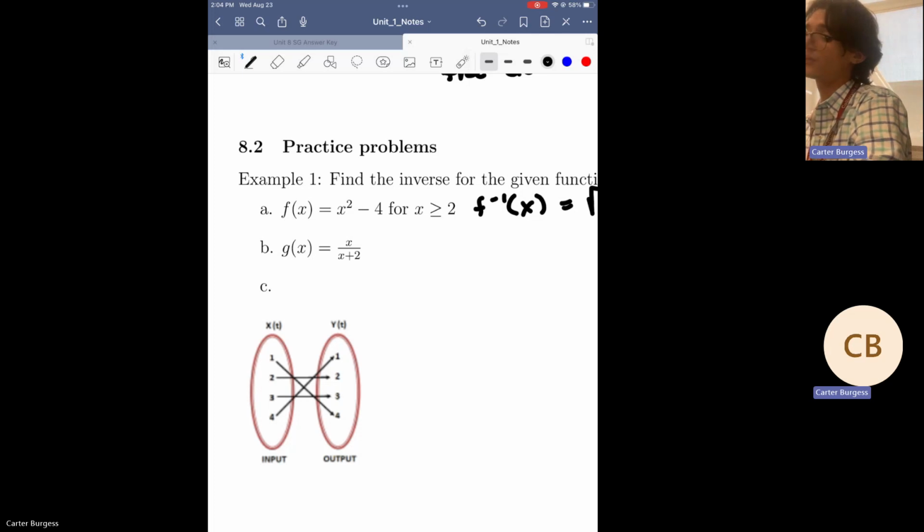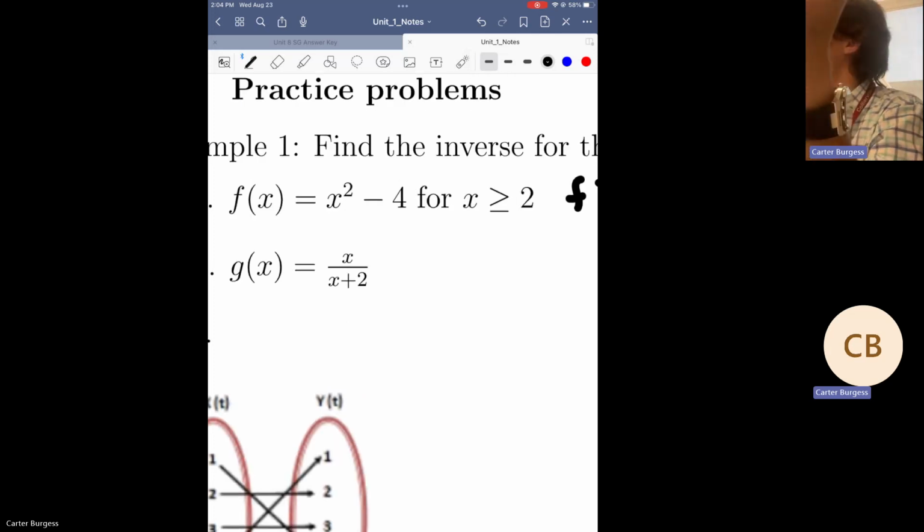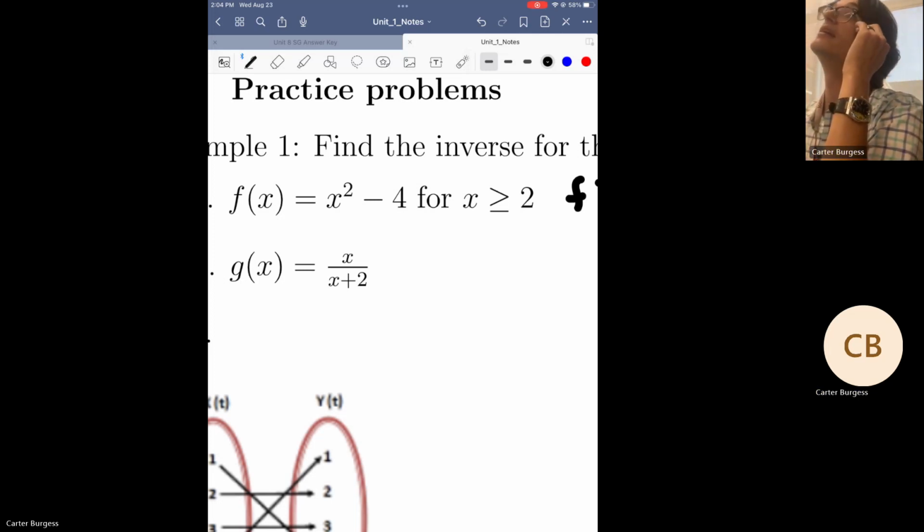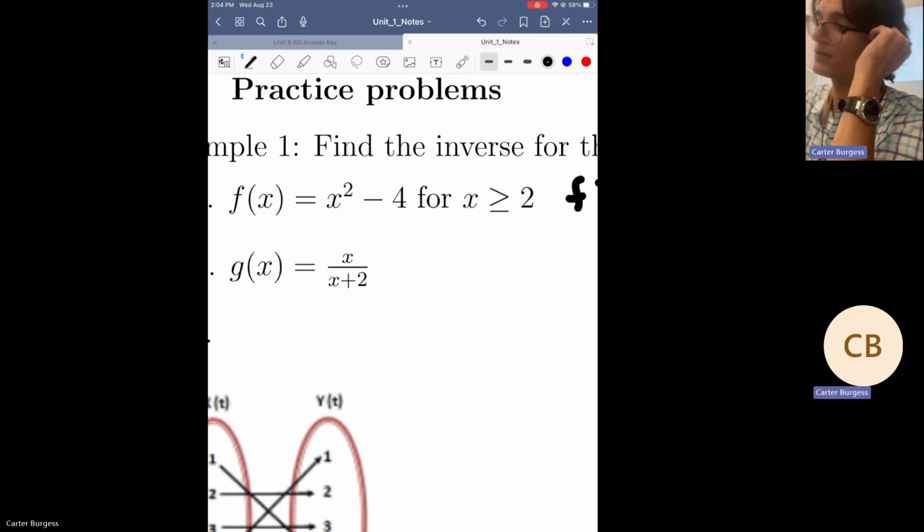Notice we're squaring x first and then subtracting 4. That minus 4 is happening to the output, so it's shifting down by 4.